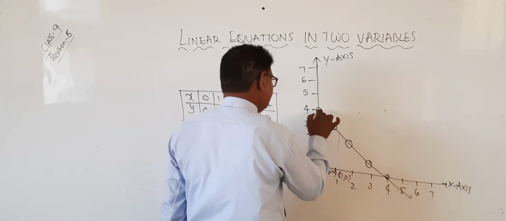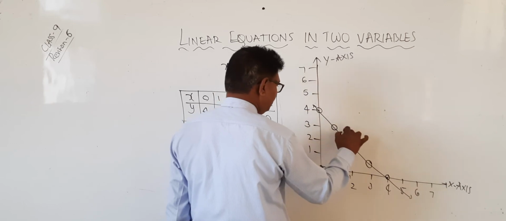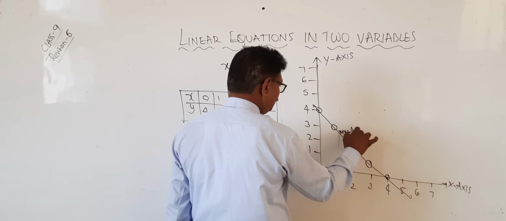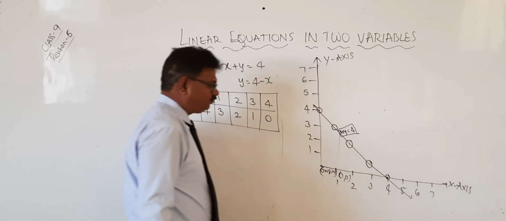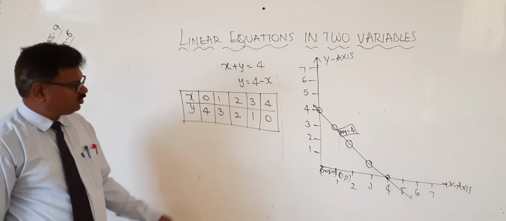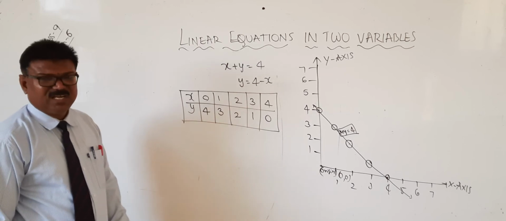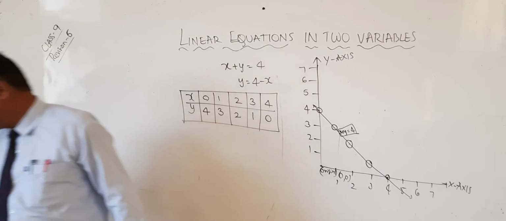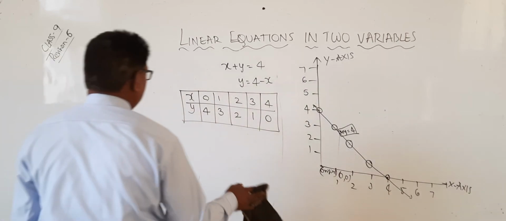So it is a straight line, x plus y equals 4. Okay? So like this you can draw the graph. It is very simple to draw. One more problem you see, then you will understand better than this.